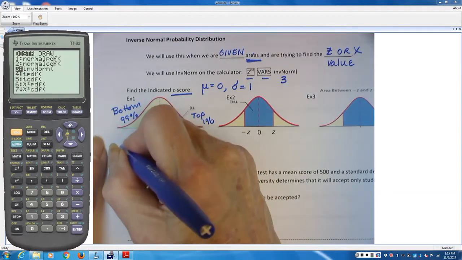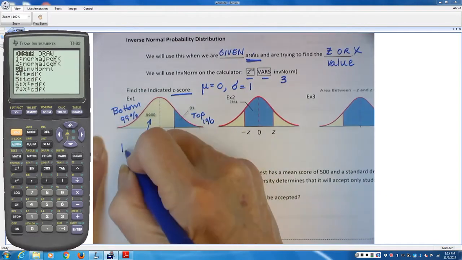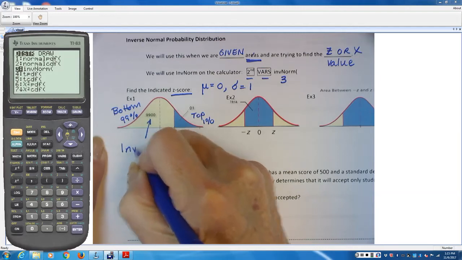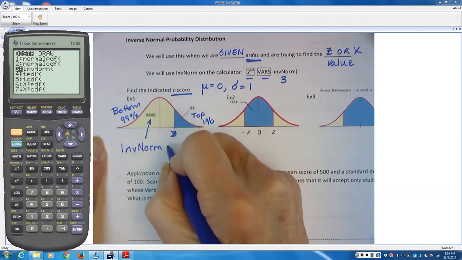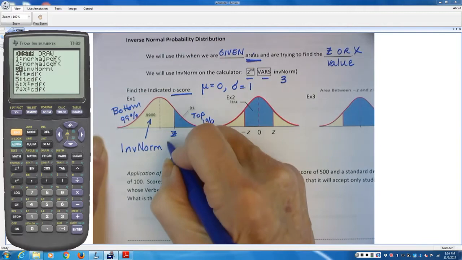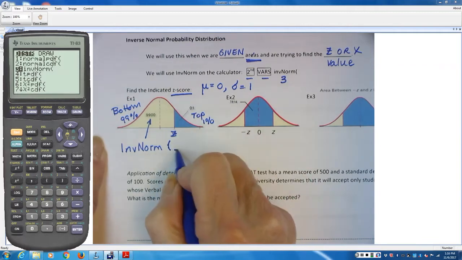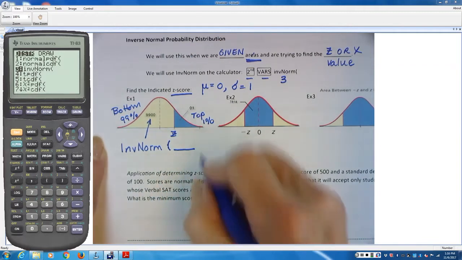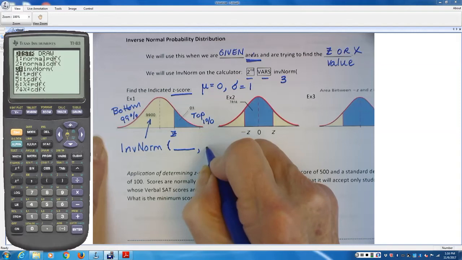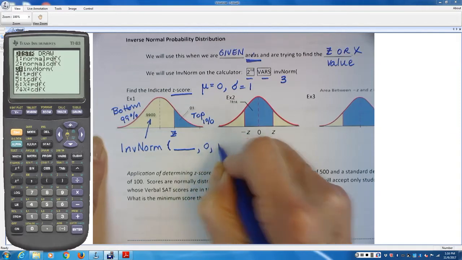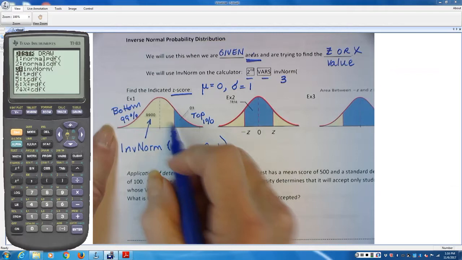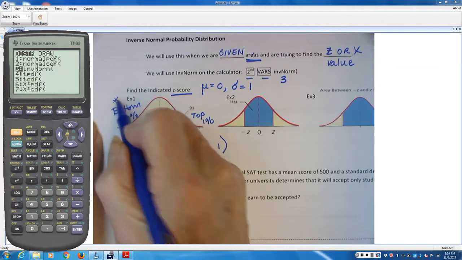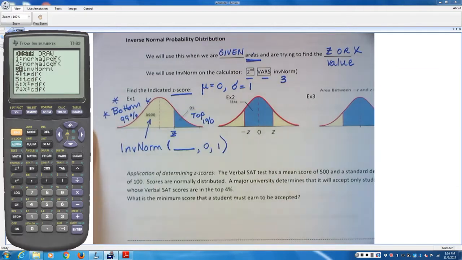So we're going to use the command inverse norm. The first thing that we have is an area or a probability, and then the mean and standard deviation. In this case, the area that's on the bottom is going to be 0.99.